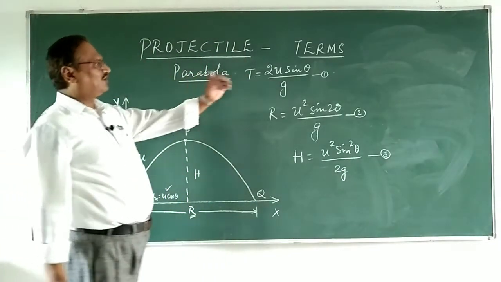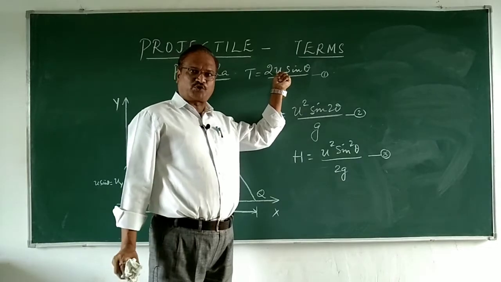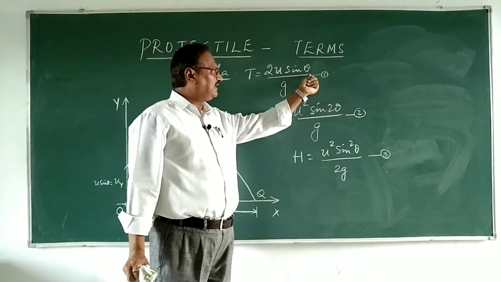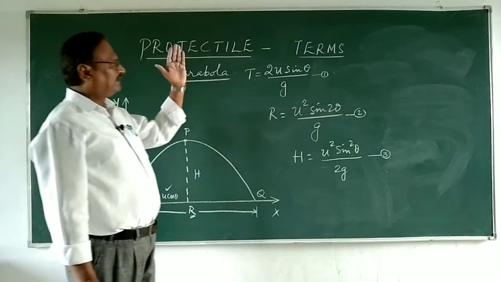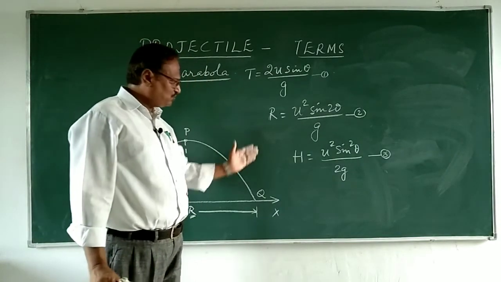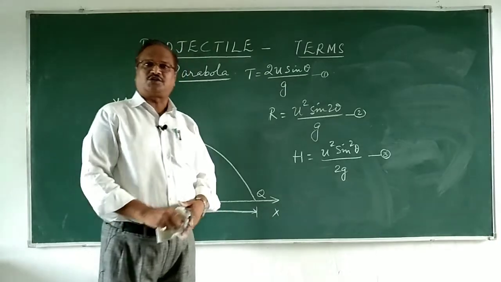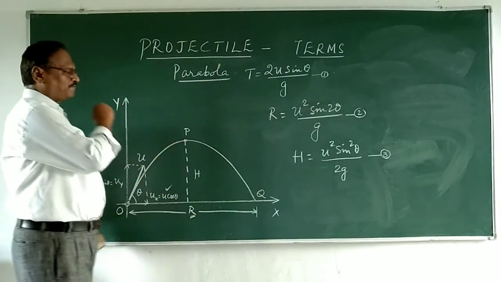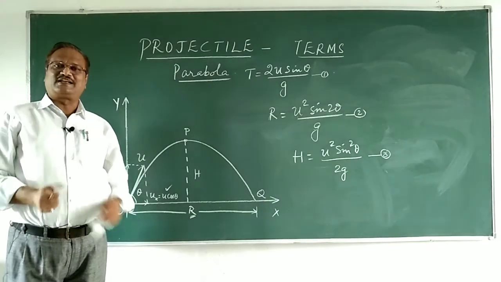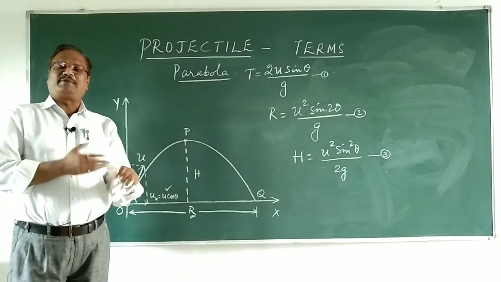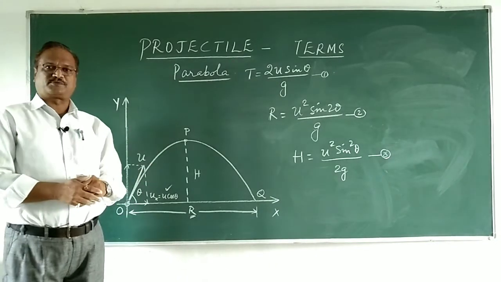So it all depends on with what speed you project the body and at what angle you throw the body. On these two factors the time of flight, the range and the maximum height reached will depend. In the next video, we will do some numericals. The numericals will give you a better understanding of the concepts. Thank you.